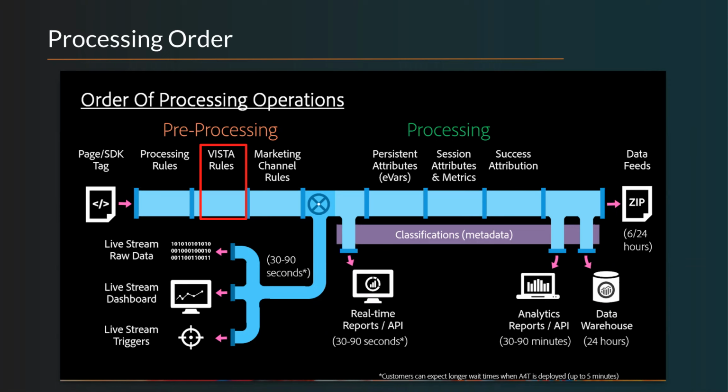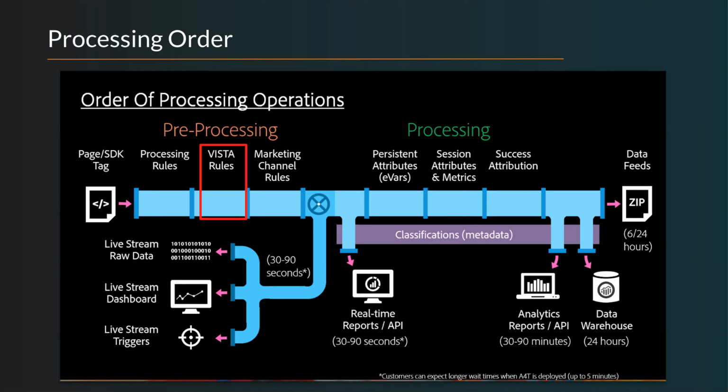VISTA rules are pretty early in that process, and they do a lot of the work in the pre-processing area, which means that all the stuff that happens post-processing, like attribution, SAINT classifications, participation and Attribution IQ, is applicable to data that has been manipulated with VISTA, because VISTA happens pretty early on.